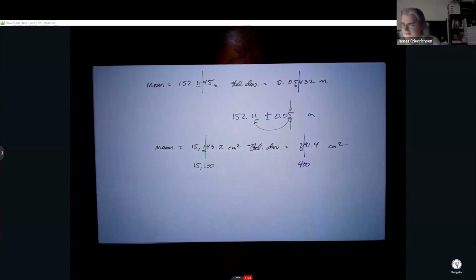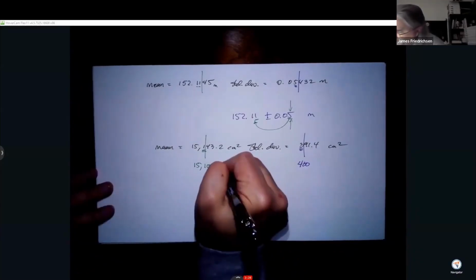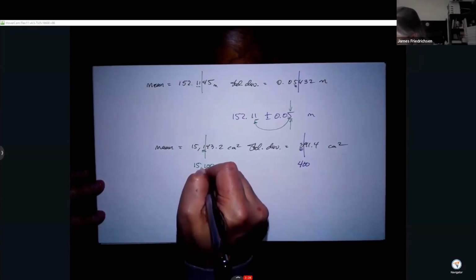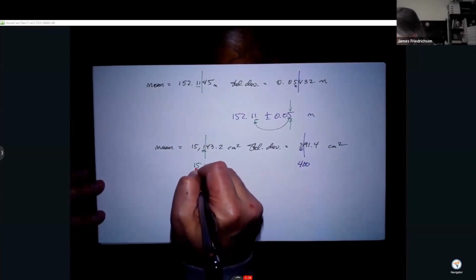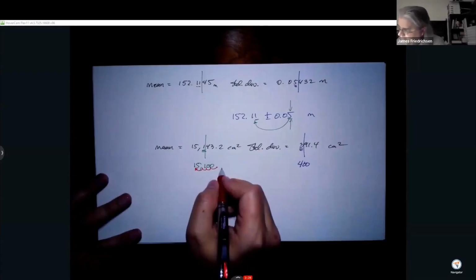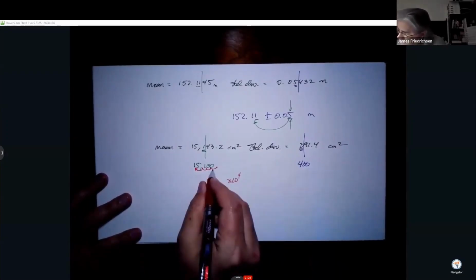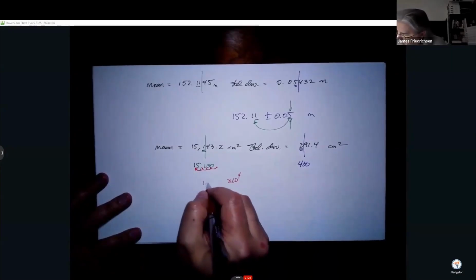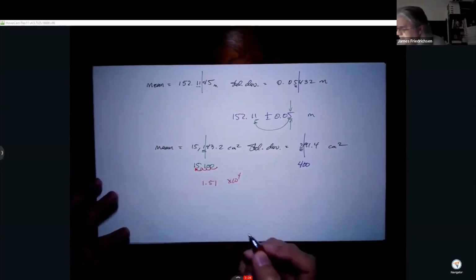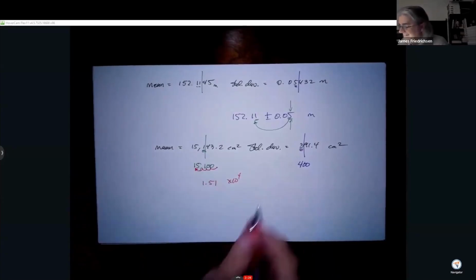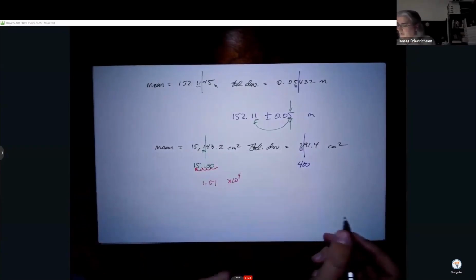But in order to write this, what we would do is put the value into scientific notation. Moving it 4 places, this is times 10 to the 4, right? Then we would write that this is 1.51 because these zeros didn't count. This 1 in the hundreds place did, but the things behind it did not.